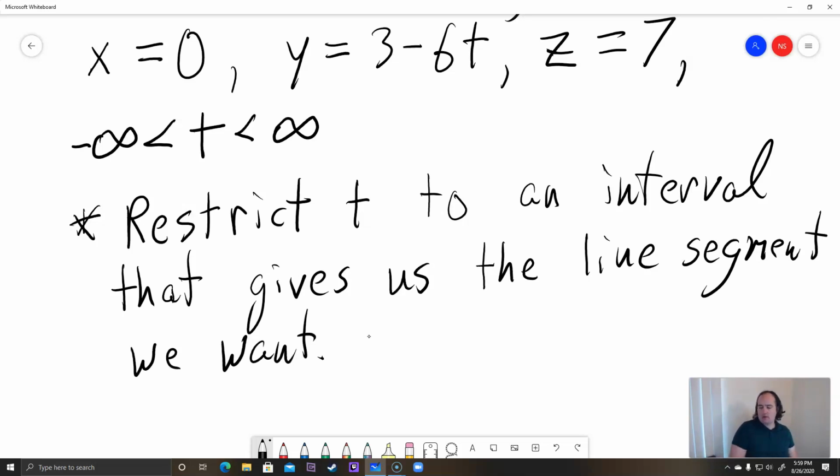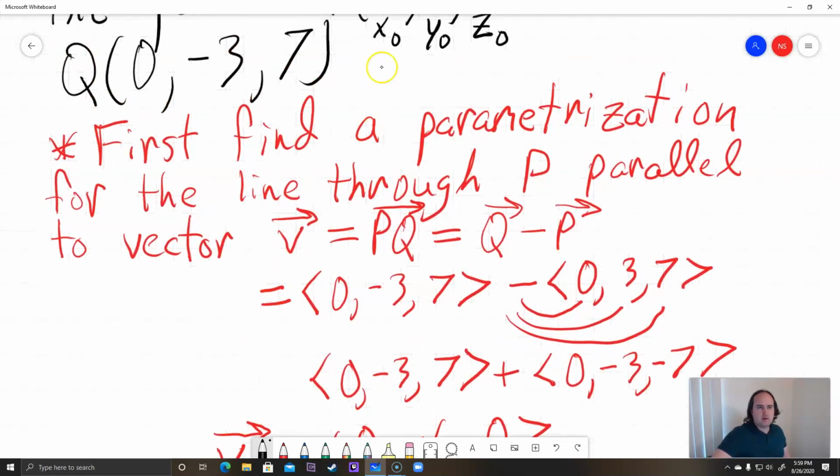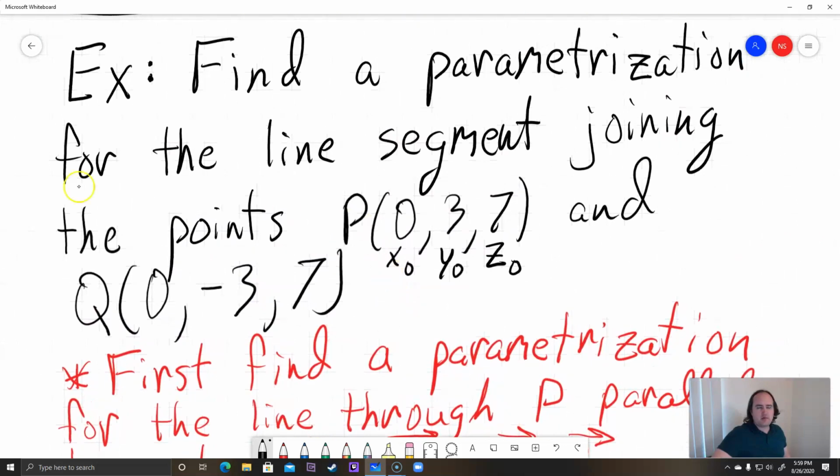Okay, so what's that going to mean? Well, if we go back to the original problem, we wanted to find a parameterization for the line segment joining the points 0, 3, 7 and 0, negative 3, 7. So we want our point to start at 3 for y and to end at negative 3 for y.